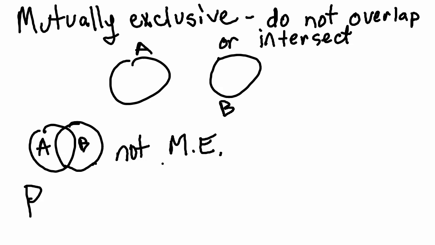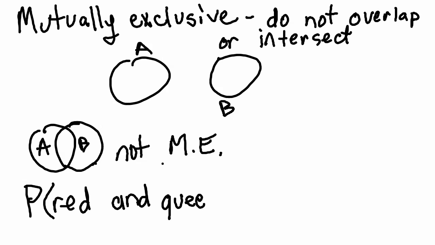Okay, so if I want the probability of a red and a queen, let's talk about the word and. And again, if I'm going too fast, or if you have questions, just stop me.